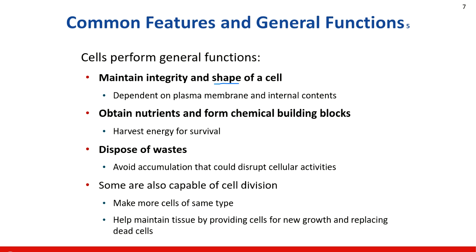Not only do they have to maintain their shape, they have to maintain their integrity. Integrity is like the support, how strong the cell is. So all this has to do with how strong your plasma membrane is, and also the internal contents of the cell, whether or not they are functioning appropriately.